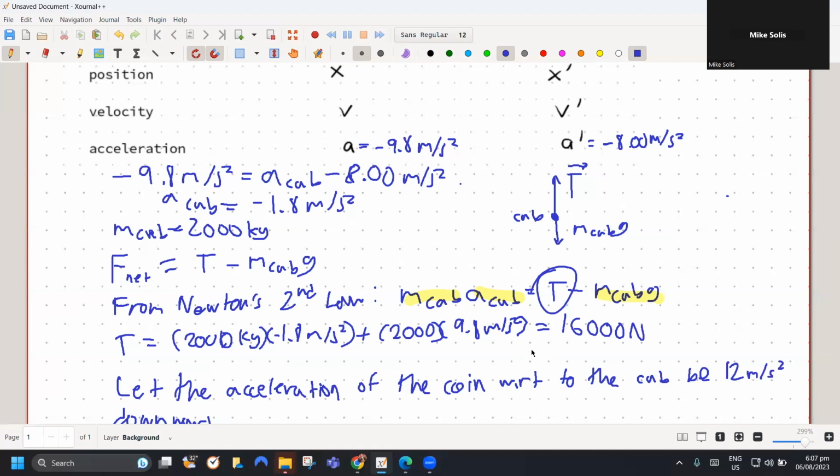So instead of seeing it accelerating downwards at 8, you're seeing it accelerate downwards at 12 meters per second square from inside the cab.